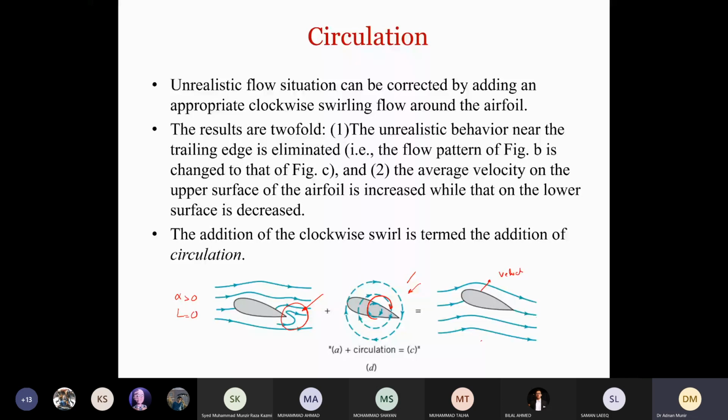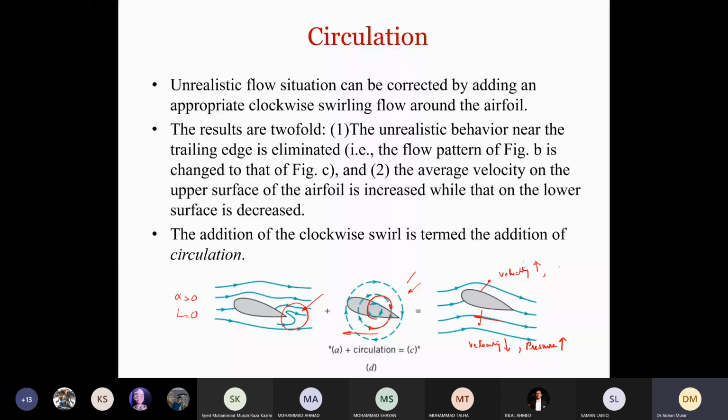This is all because of this clockwise circulation. Now the same circulation will be in this direction here. On the bottom surface, it will be acting in this direction. So now this will decrease the velocity. So velocity increase, velocity decrease. When velocity decreases, pressure increases.